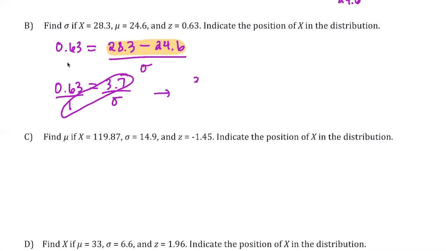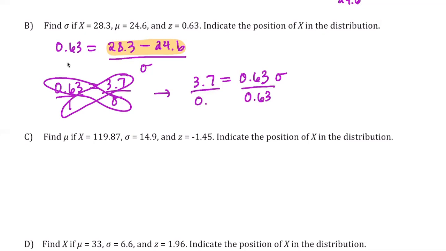That's going to give me 3.7, because times 1 is just 3.7. And then on the other side, I'm going to take 0.63 times my standard deviation. And now I can solve pretty easily. I'm going to divide both sides by 0.63, and that's going to tell me my standard deviation is going to be 5.87.